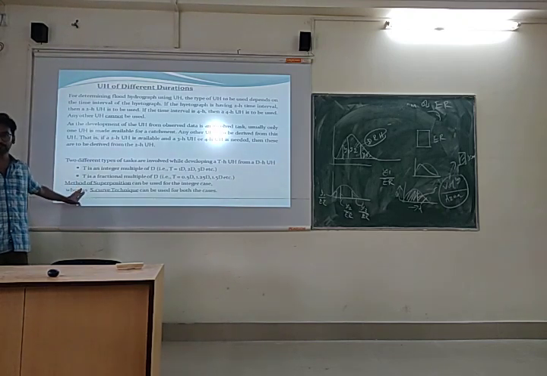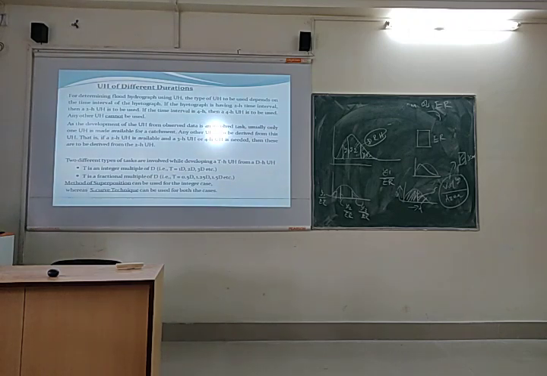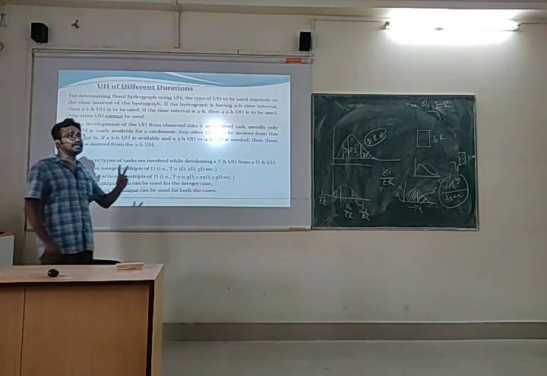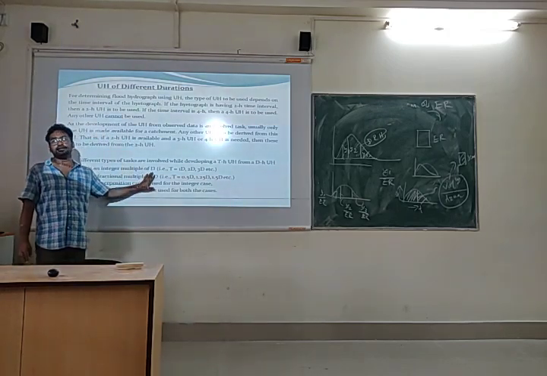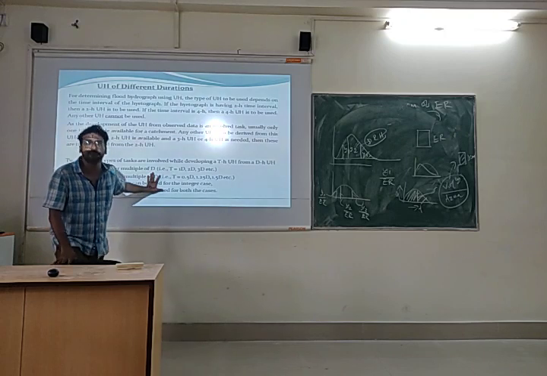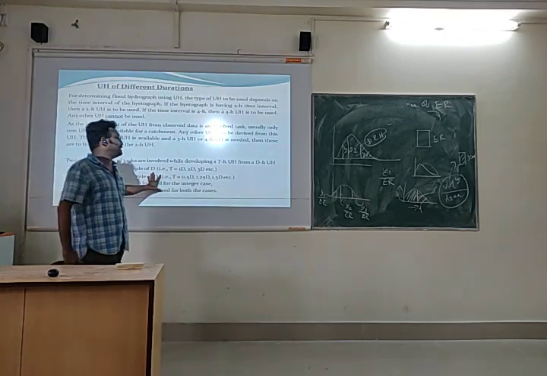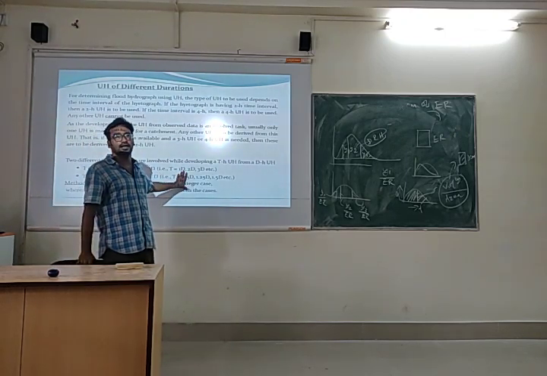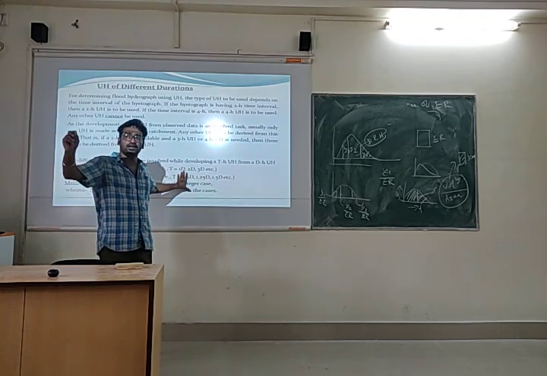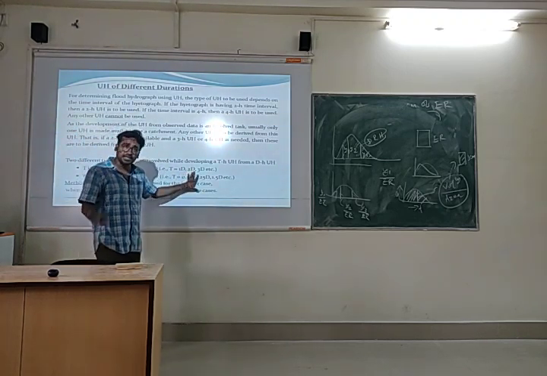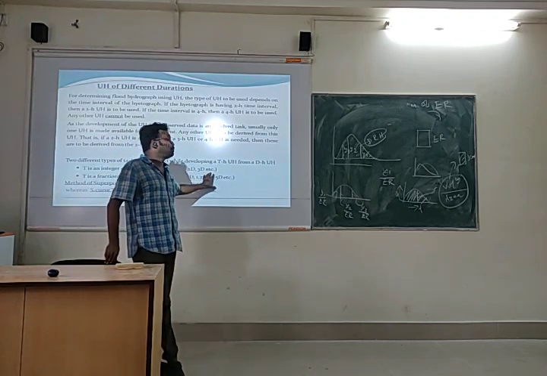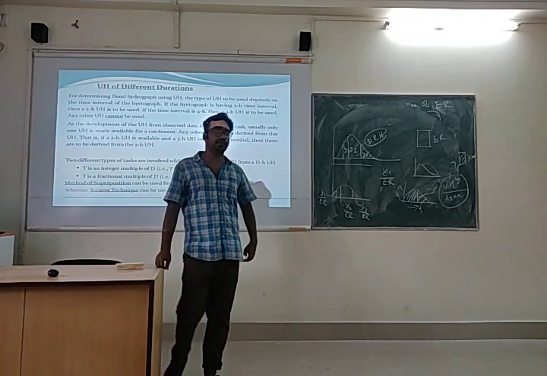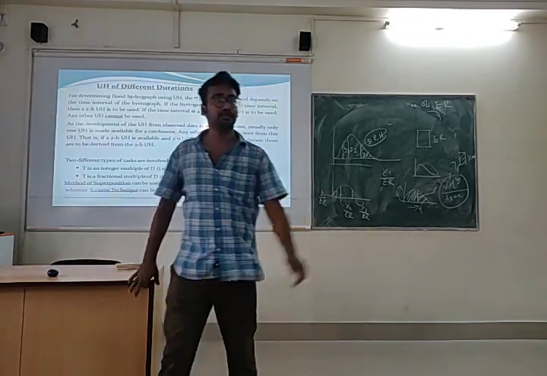Now let us see: it may happen that a D hour unit hydrograph is given to you, and you need to find the hydrograph for 2D hours of rainfall, for 3D hours of rainfall, and so on. Those are integer multiples, right?